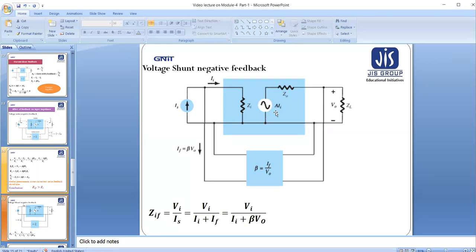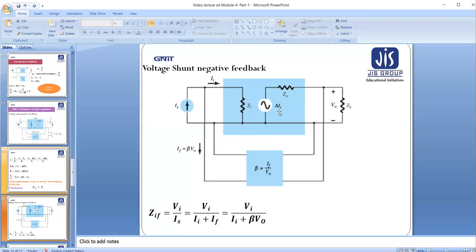Now as it is shunt, it must be written as A into Ii, because the input is Ii. So it can be said that it is an I to V converter. The input side is a current and the output side is a voltage. So the amplifier is a voltage amplifier, but it is a transresistance amplifier. Therefore it is A into Ii.